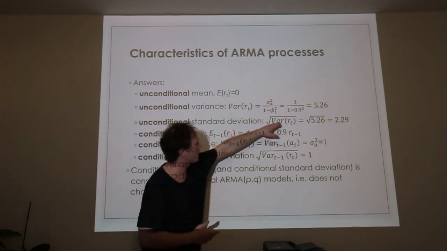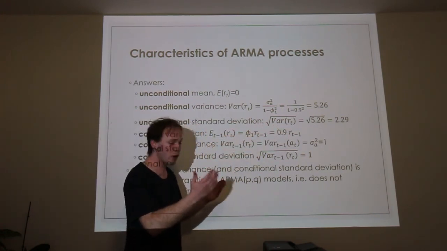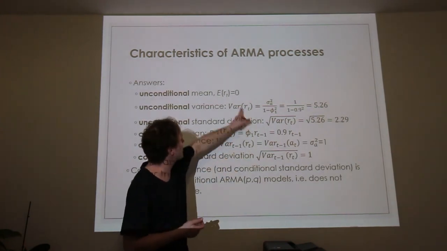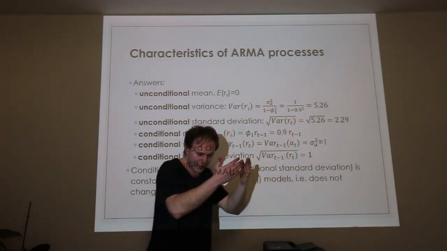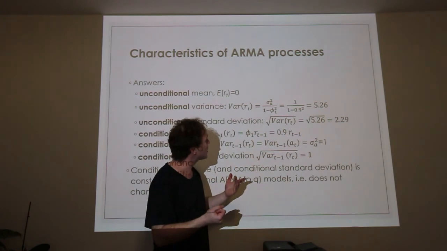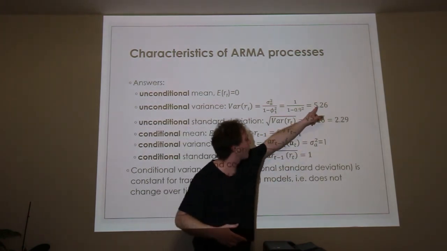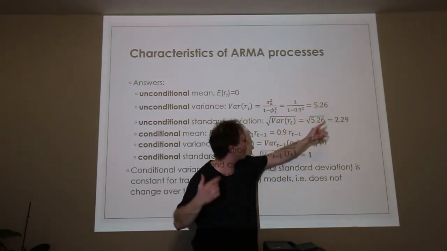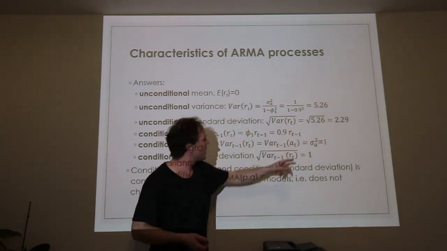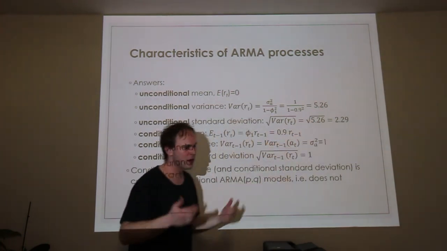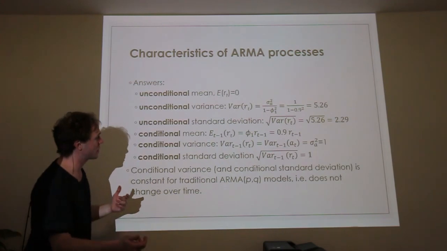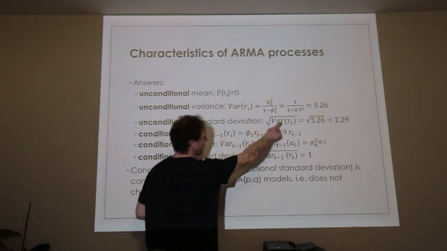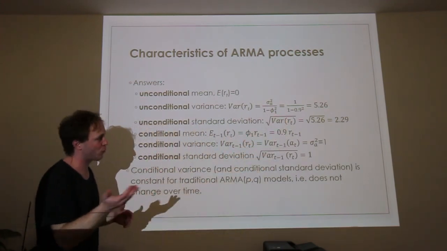The previous value is in squared units, so we are not able to interpret 5.26, but 2.29 is in basic units, in logarithms of returns.